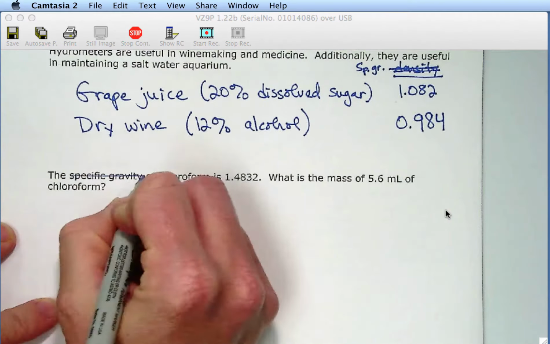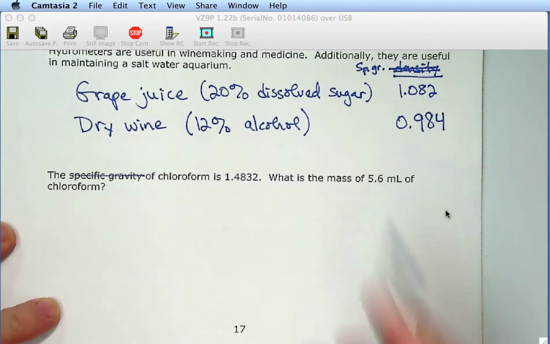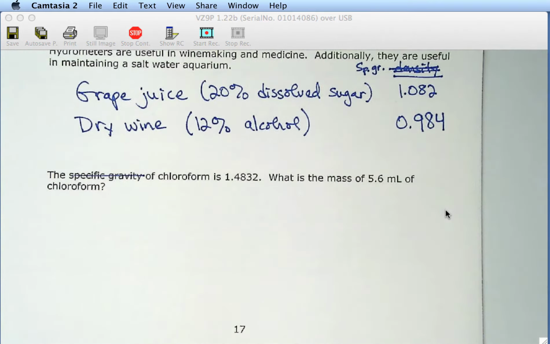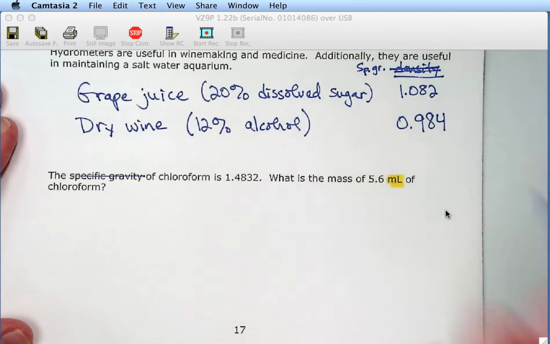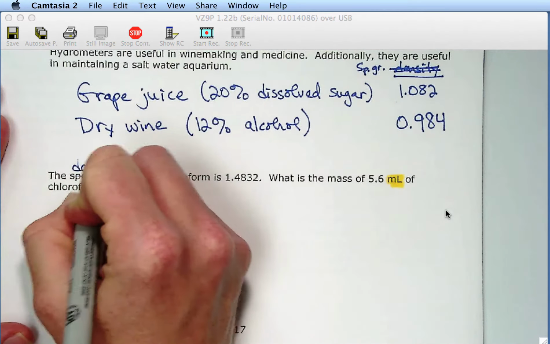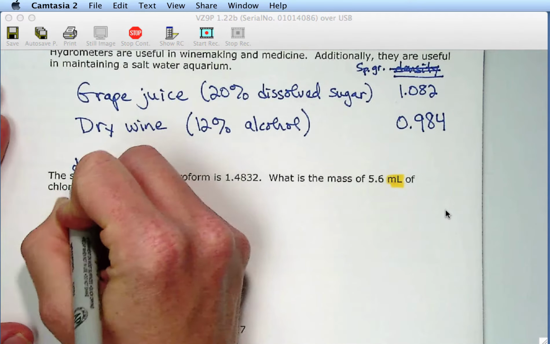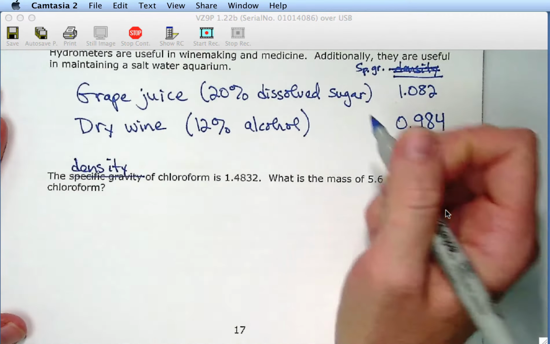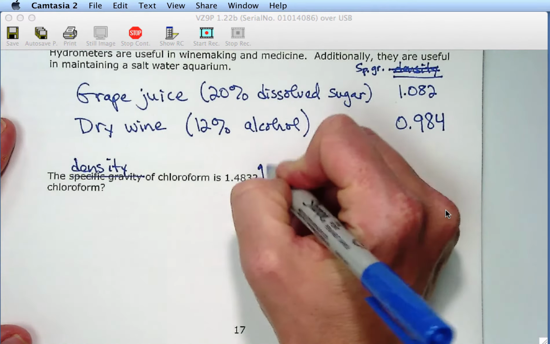So we have units of milliliters here. It would be really handy if our density was in units of milliliters. So we'll say the density of chloroform is 1.4832 grams per milliliter.